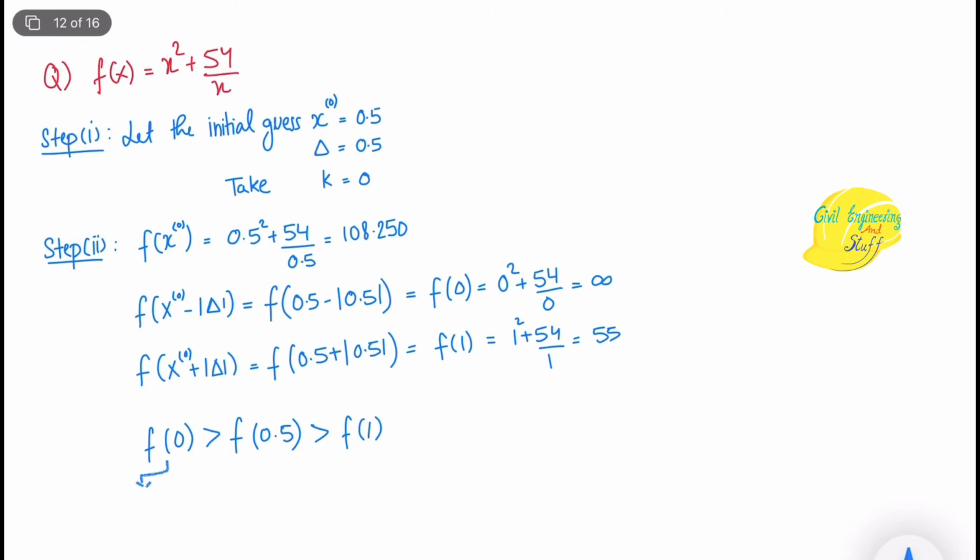This was your f(x0 + delta), and this was your f(x0 − delta).